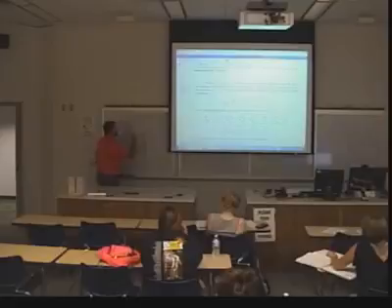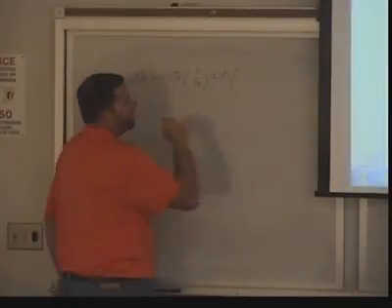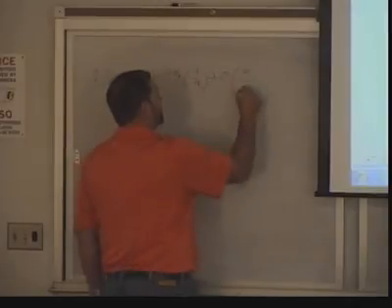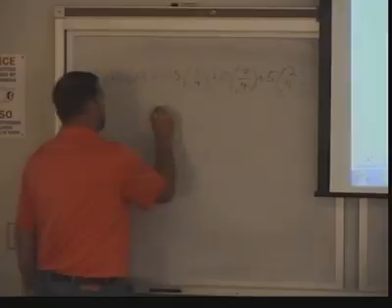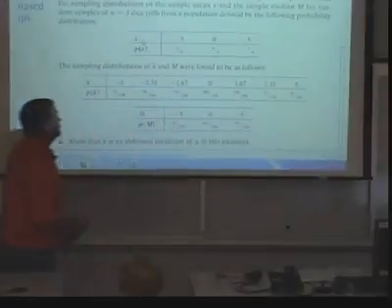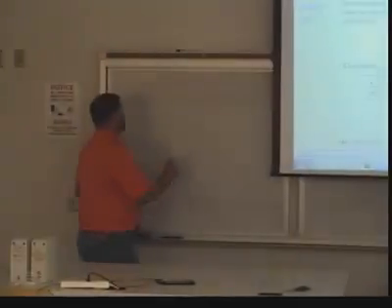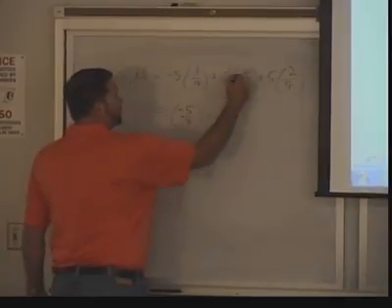So the expected value of x, which is equal to mu, is negative 5 times 1/9 plus 0 times 6/9 plus 5 times 2/9. What does that equal? I don't even have to worry about the middle one, right? So it becomes negative 5/9 plus, this is just 0, right?